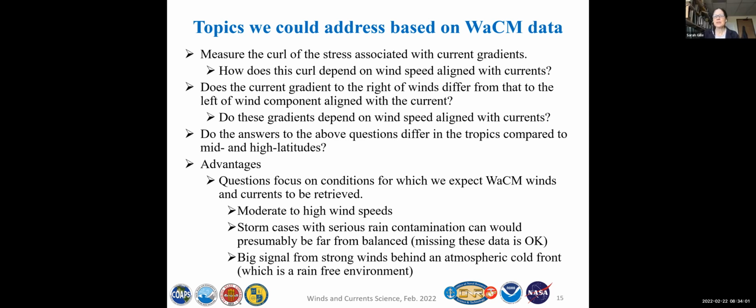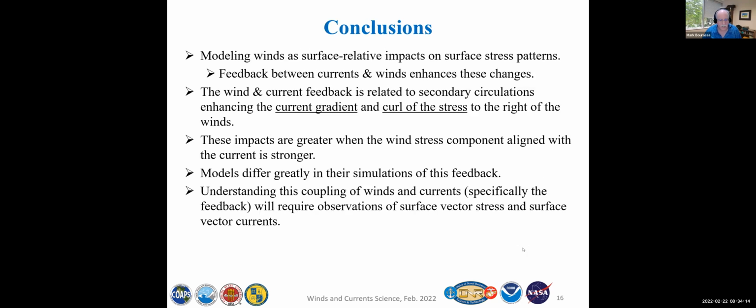Just following up on that, for that case, did you have the waves both feed back into the atmosphere and to the ocean as well? We did. So in that study, let me see.